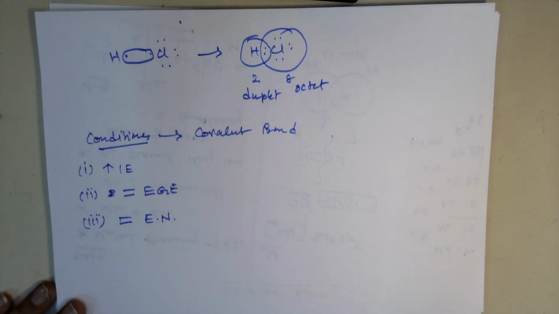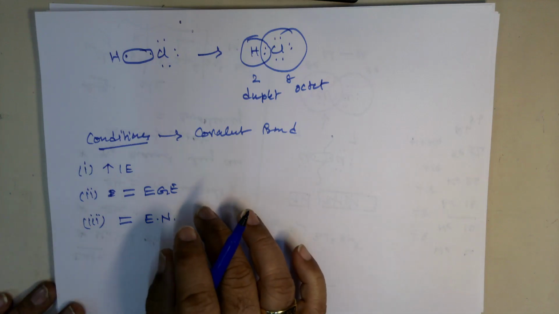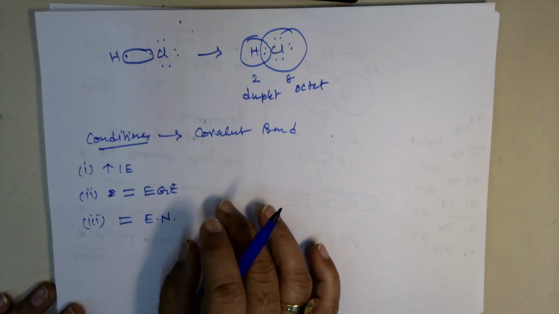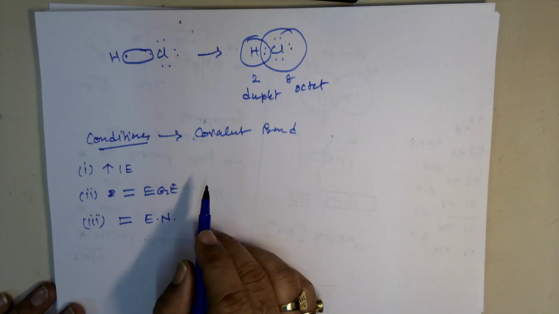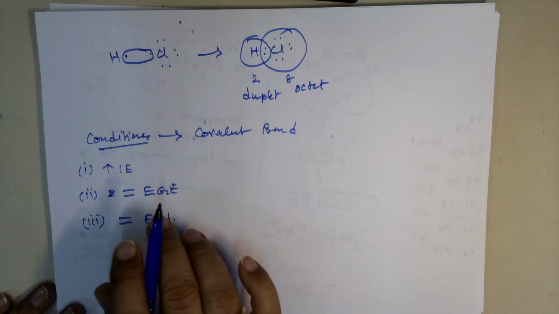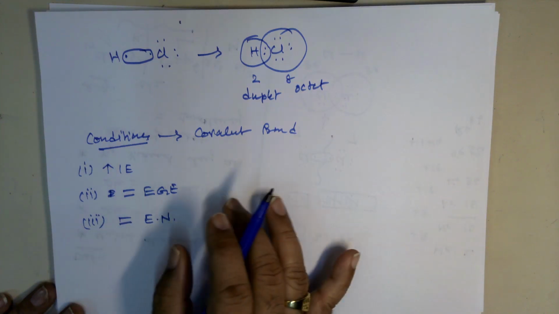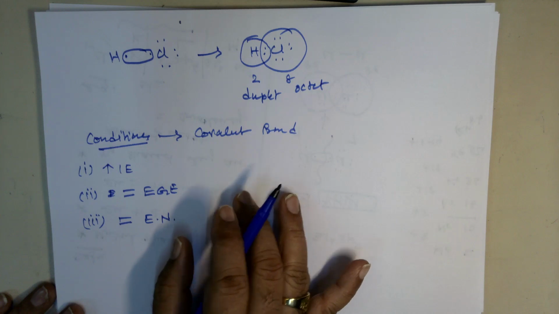So for the formation of covalent bonds, the ionization energy of atoms should be high, so that they are not able to transfer their valence electrons and form ionic bonds.